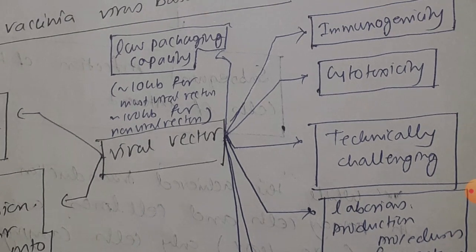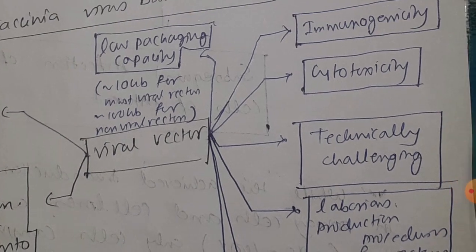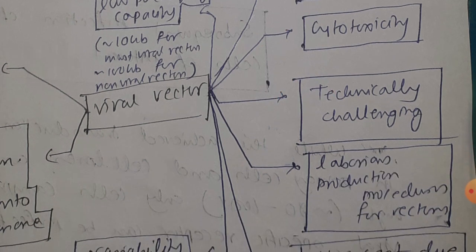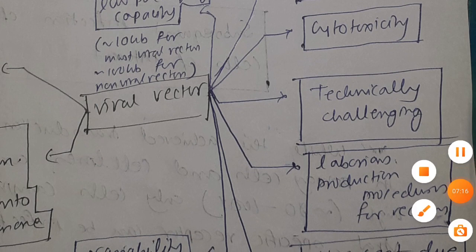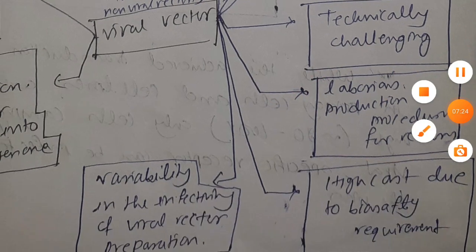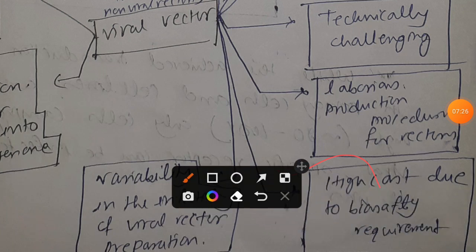Now let's discuss the disadvantages. It has immunogenicity, obviously, that is nothing new, and cytotoxicity. It is technically challenging, and there is a laborious amount of production procedure you have to do for production of the vector, along with high cost due to biosafety requirements.